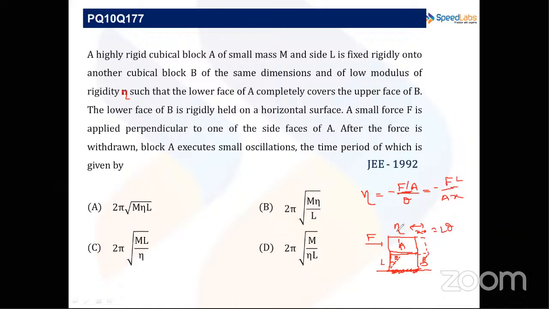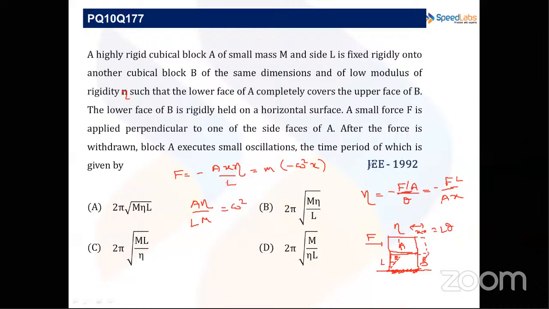Now from here I am finding the restoring force. So the restoring force comes to be minus A x eta divided by L. You equate it to mass into acceleration, which if it is performing oscillation is omega square x times m. The x cancels and the minus cancels, so we get A eta by L m is equal to omega square.